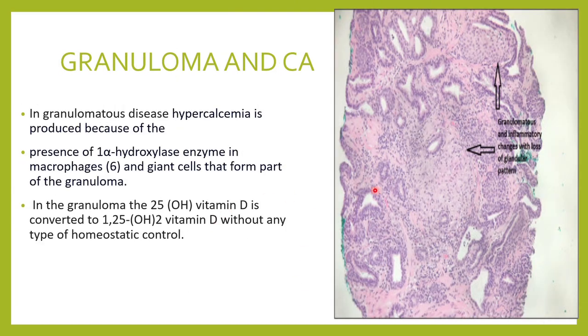I have also told you about the granulomas in sarcoidosis, tuberculosis, fungal diseases, histoplasmosis, etc. There will be an accumulation of inflammatory cells: macrophages, epithelioid cells, giant cells, etc. These inflammatory cells have 1-alpha hydroxylase enzyme, especially the macrophages and giant cells which form the granuloma, and the 25 hydroxy vitamin D is converted here to 1,25 dihydroxy vitamin D without any control.